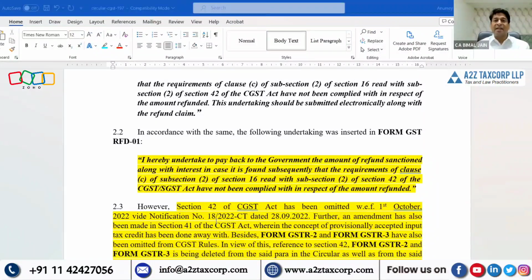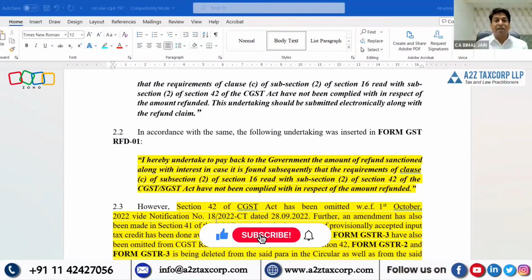If any addition, modification, or deletion is done by the recipient, it gets auto-populated in GSTR 1A for the supplier, and the supplier needs to accept or reject to file GSTR 3. That was the ITC matching concept. But GSTR 2 and 3 never got implemented. But this section 42, relevant to 2 and 3, is there in the undertaking.